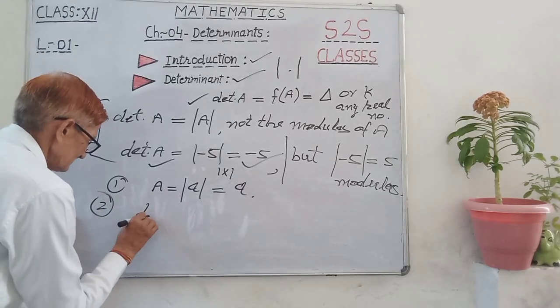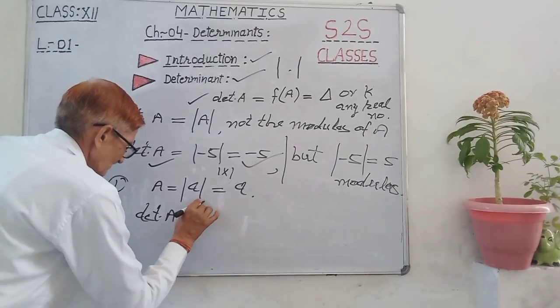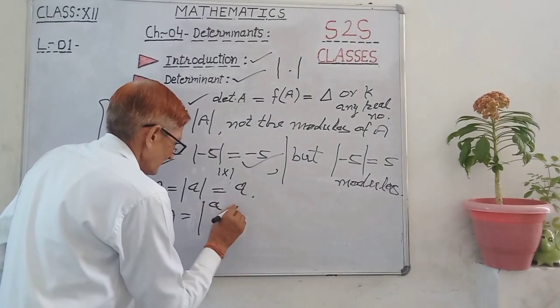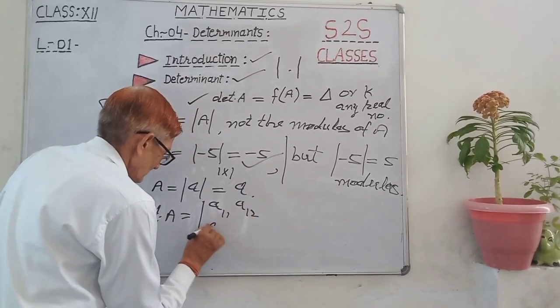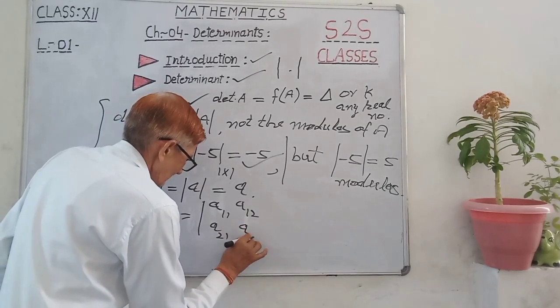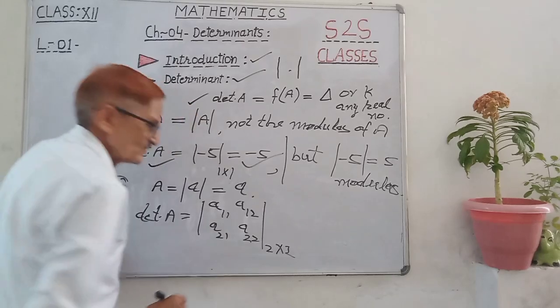If determinant A is equal to A11, A12, A21, A22, this is of order 2.